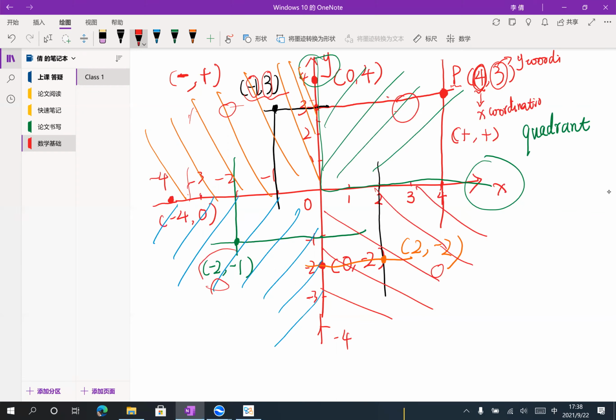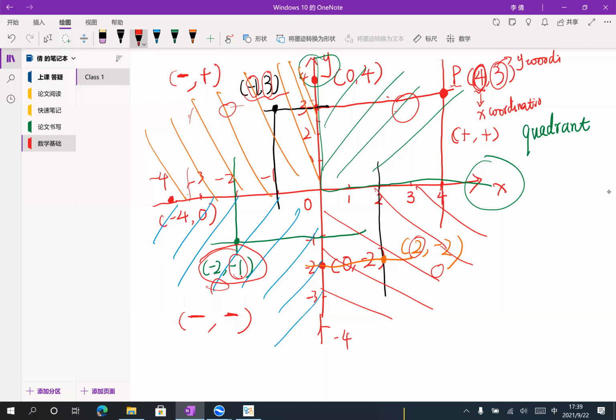Let's see all the points on the third quadrant. The first number of this pair will be negative, right? And the second number will be a negative number, right? Right. Let's see the fourth quadrant: the first number is a positive number, and the second number is a negative number.